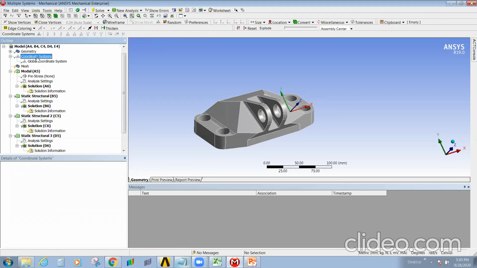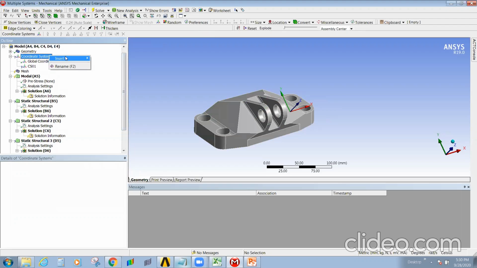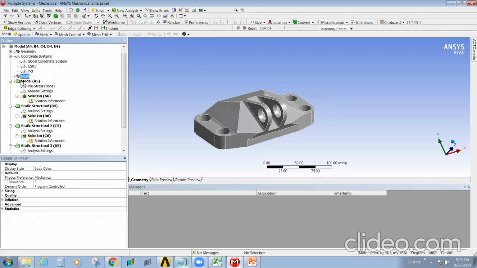Next, the coordinate system. I'll update it as two coordinate systems: one as CS1 and the second as an inclined coordinate system. Next, for mesh, I need to update the mesh.